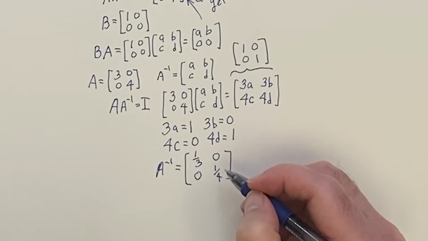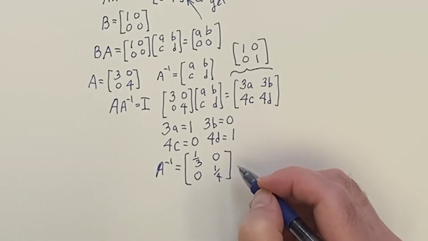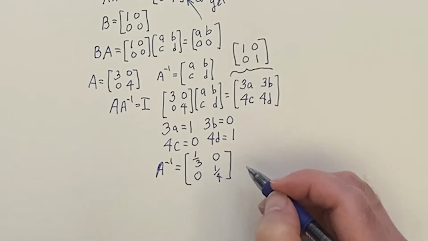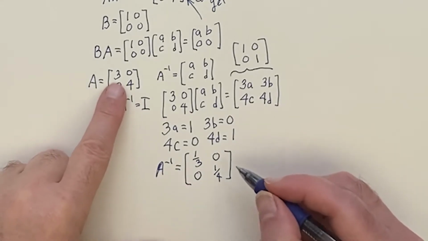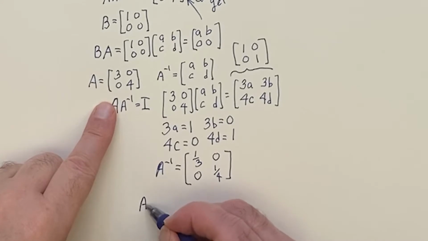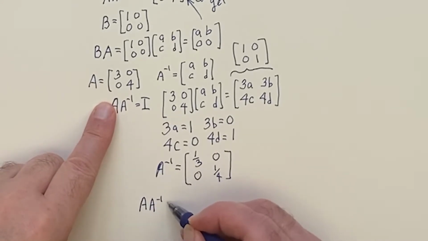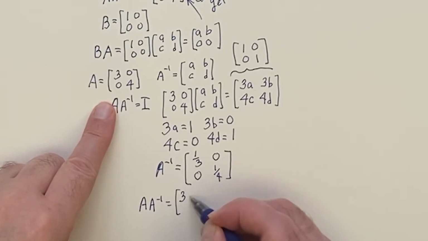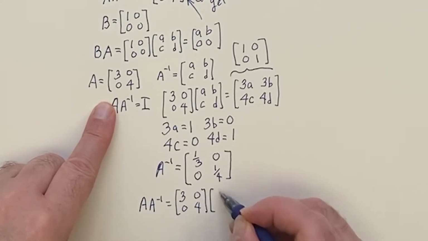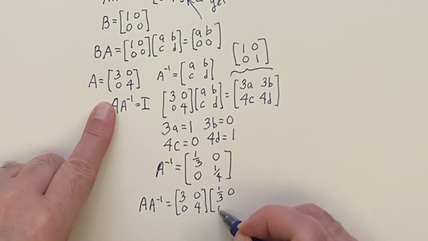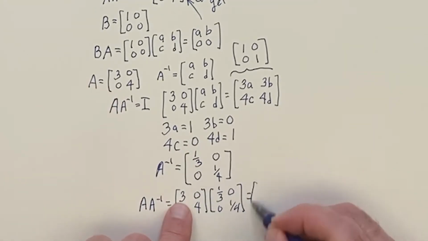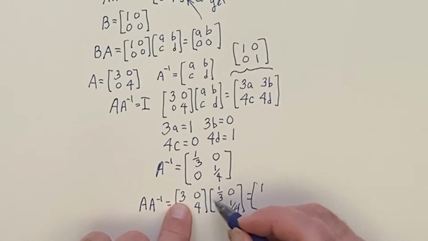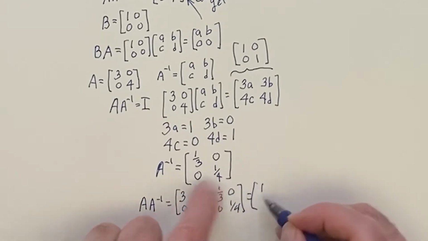Let's check that out, see if that works. All right. We could take A with A inverse. It's 3, 0. I mean, it really should work because we solved it, but it's not bad to check. So 3 times a third is 1. 0 times 0, and you turn this sideways there, you get 0.